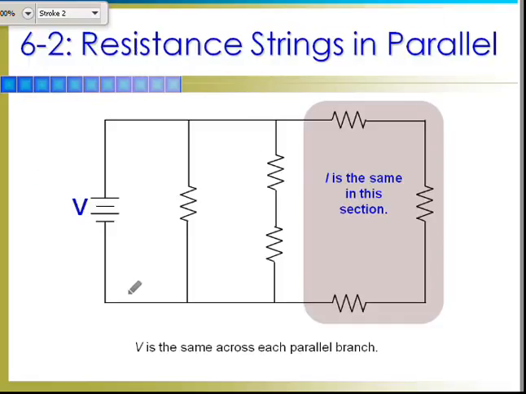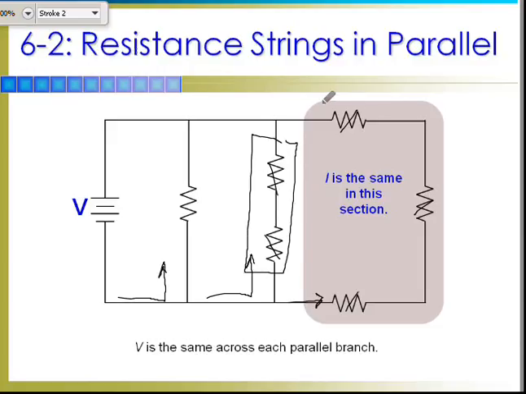All right, once again, 1 branch for current, 1 branch for current, and another branch for current. In this branch, the current across these 3 resistors is going to be the same. For this branch, the current across those 2 resistors is going to be the same. It's going to be the same for this branch current, while this branch may be different.